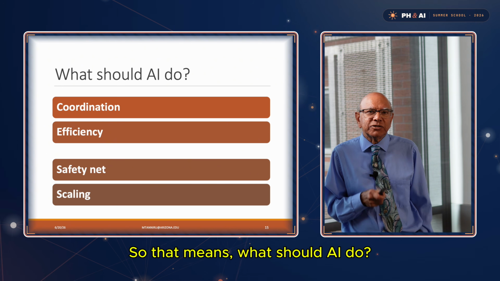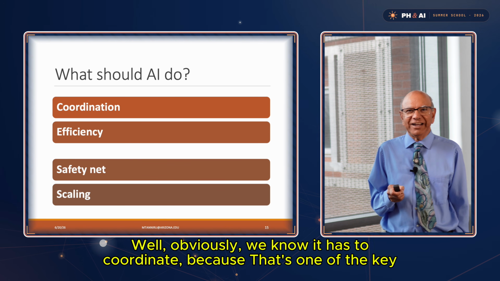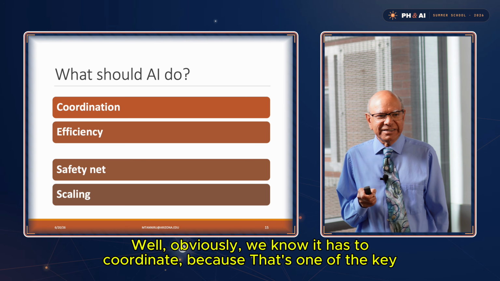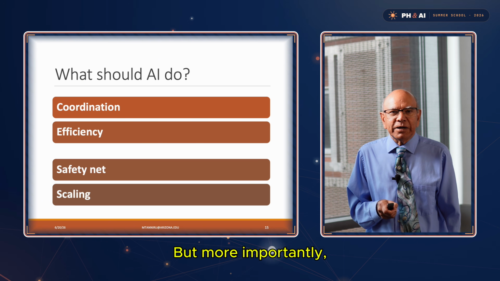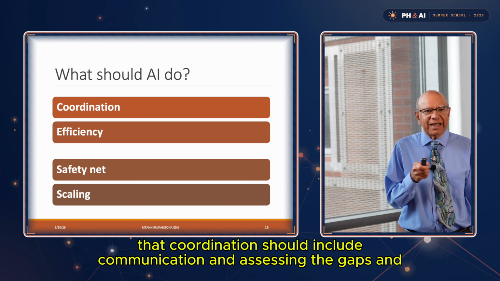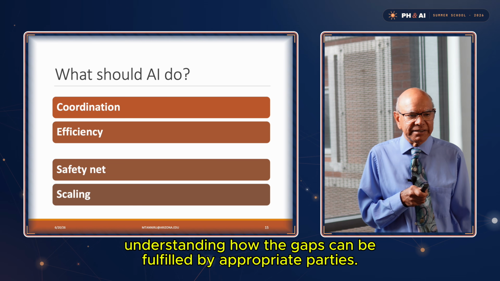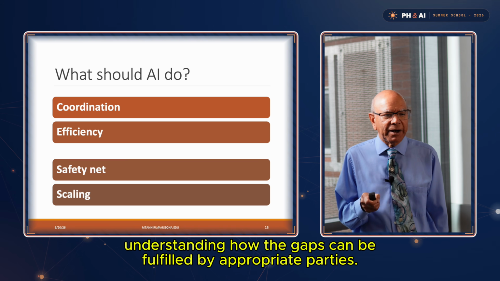So what should AI do? Well, we know it has to coordinate because that's one of the key goals. But more importantly, that coordination should include communication and assessing the gaps and understanding how the gaps can be fulfilled by appropriate parties.